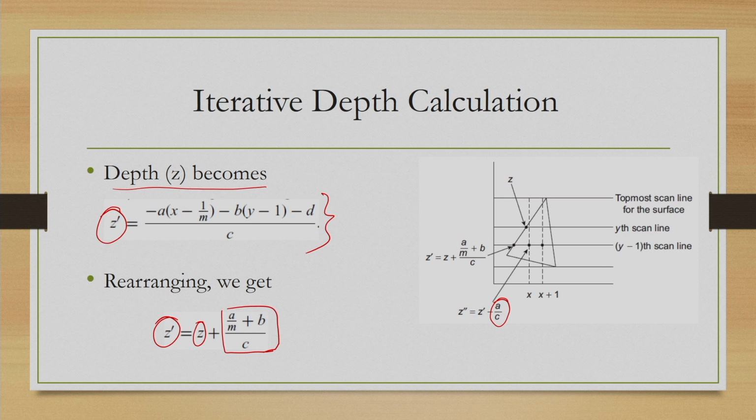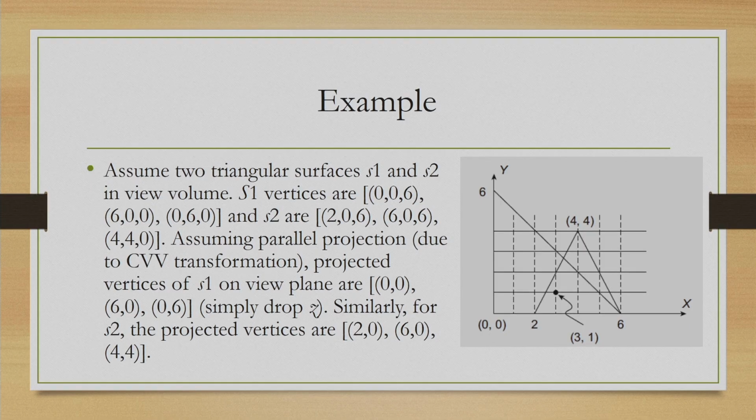Let us try to understand this algorithm with an illustrative example. Let us assume there are two triangular surfaces S1 and S2. Clearly, they are in the view volume. Now, the vertices of S1 are given as these 3 vertices, S2 is also given as these 3 vertices.